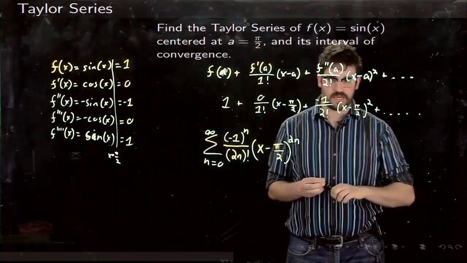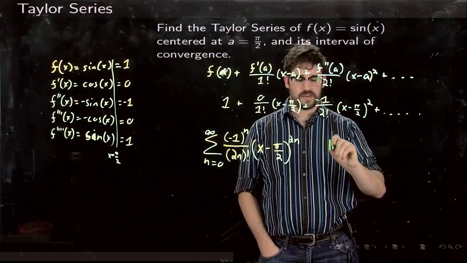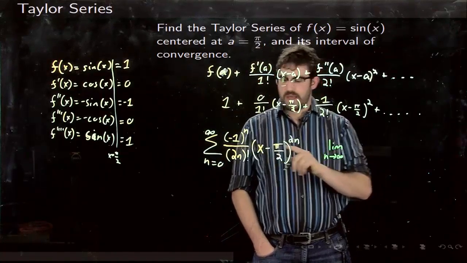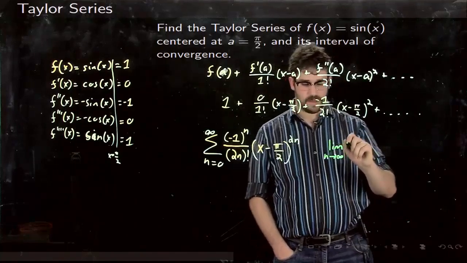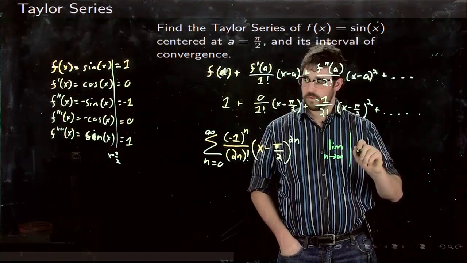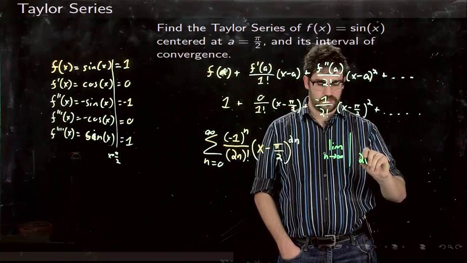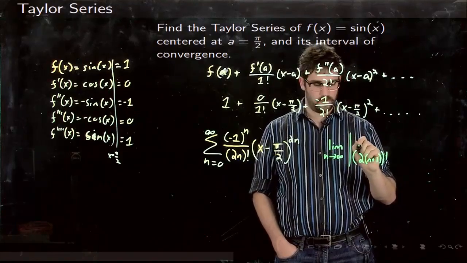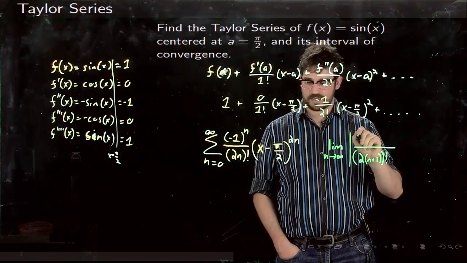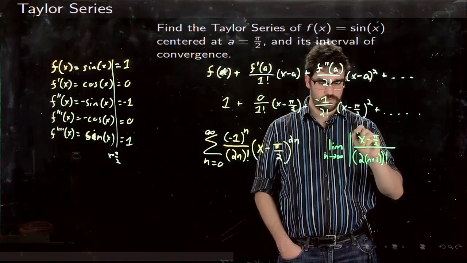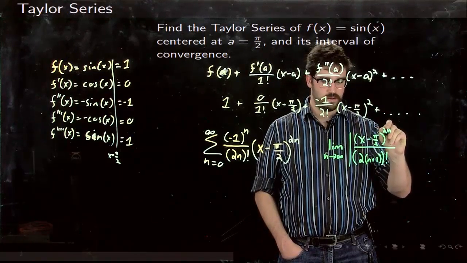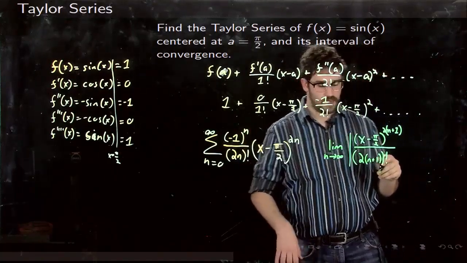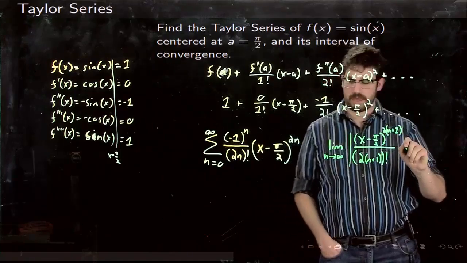The ratio test. So we can ignore the negative 1 to the n because of absolute values. Take the limit as n goes to infinity of the absolute value of x minus pi over 2 to the 2n plus 2 over 2n plus 2 factorial, then divided by the n value, or multiplied by the reciprocal.